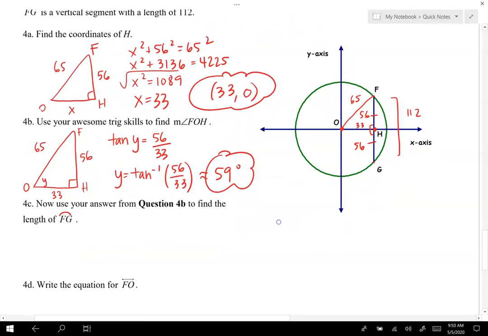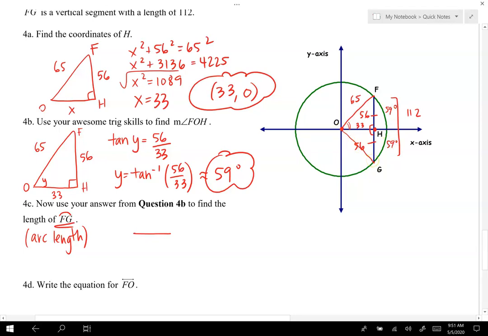Now we use our answer from question 4b to find the length of arc FG. All right, the length of arc FG is, we're looking at the arc length here. So we've got to take, if this angle is 59, then this arc is 59 degrees, which means this arc is also 59 degrees because you get the same thing here.